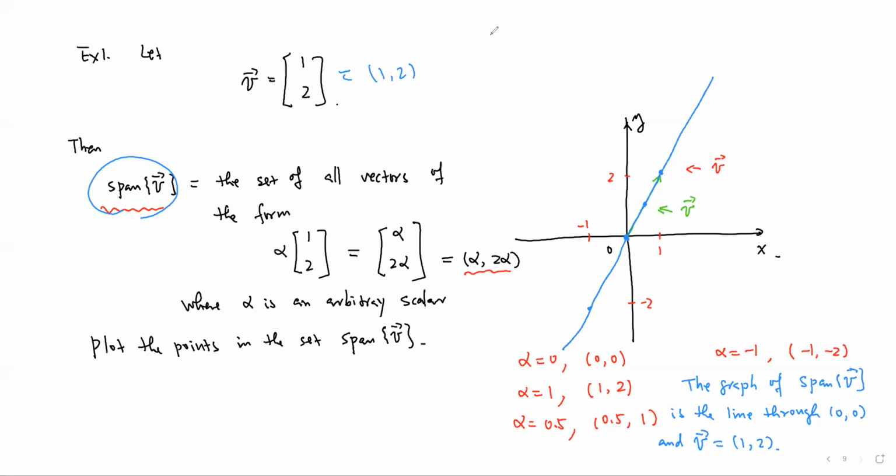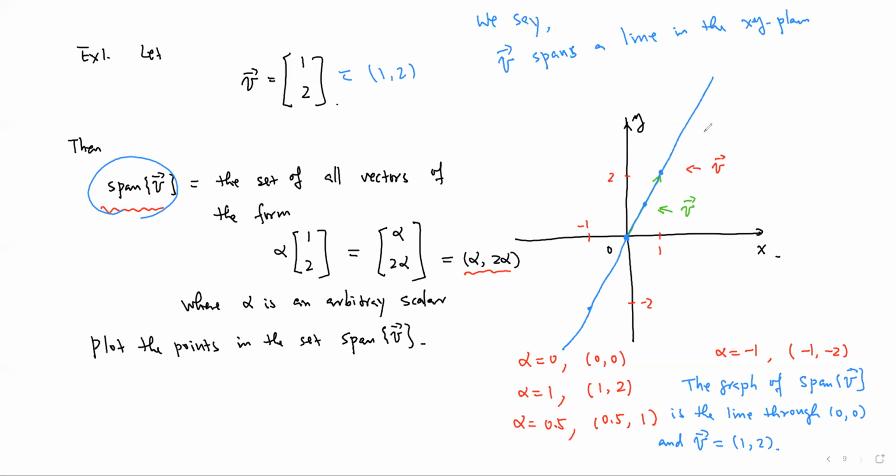Therefore, we say that vector V spans a line in the XY plane. Span is a subset of R2; the line is part of R2.